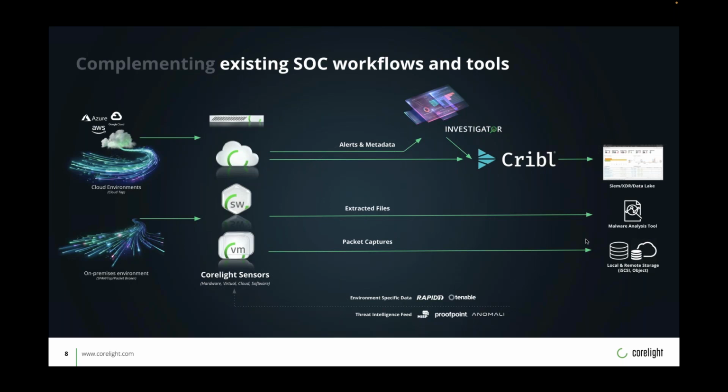And then a couple of other things that we can do. We can extract files from clear text network streams and store those somewhere for you, so you can see those. And we can also capture packets. Now, we don't just do a straightforward PCAP. We have a smart packet capture where you capture packets that have been triggered based on an alert, or based on a certain type of traffic, or based on communication to a certain IP address with a certain protocol, all kinds of different triggers that we can use to initiate those packet captures.